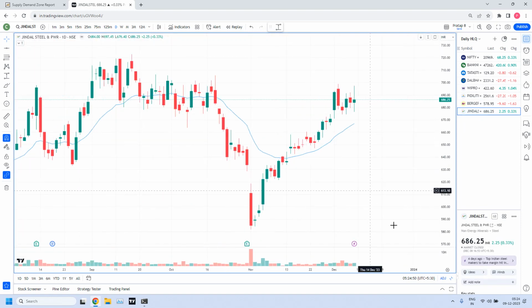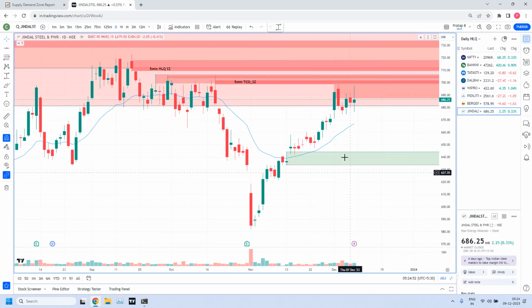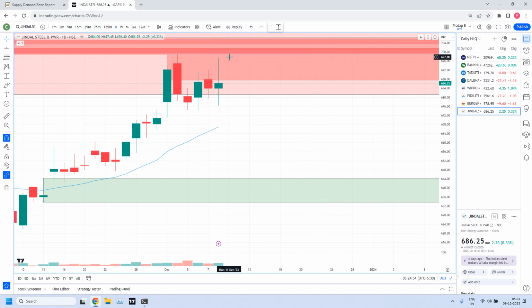Jindal Steel, we narrowly missed our entry today. This is 697.55, and this is 699. Around 1.5 rupees before, we missed the trade. But see, if it had gone up 1.5 rupees, probably we would have got a trade.